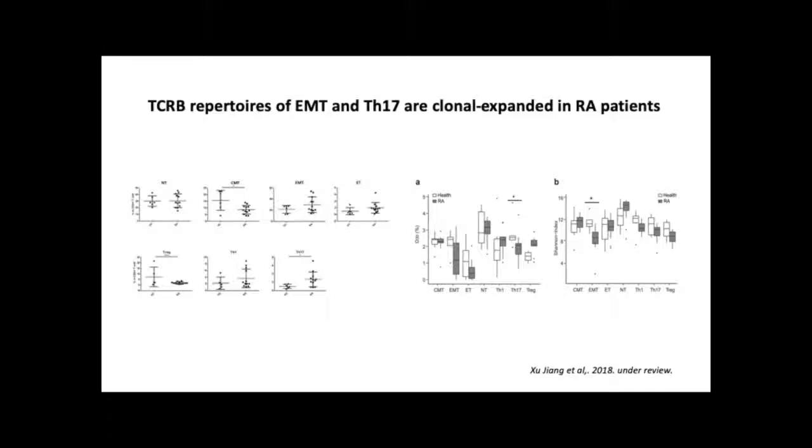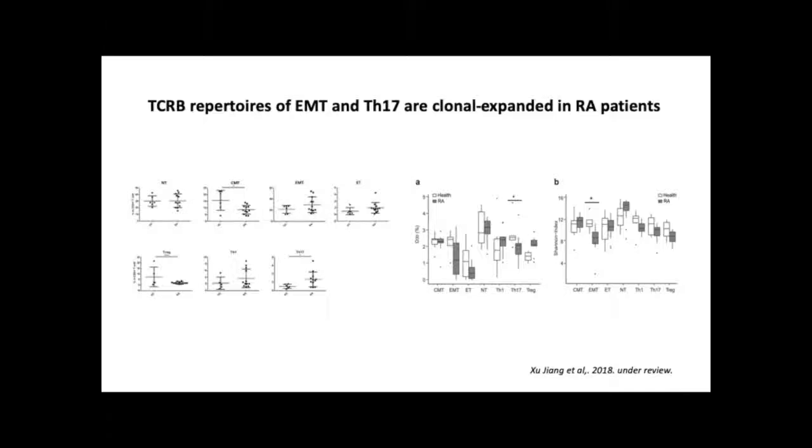Then we compared the diversity of different cell types in patients with the control samples, and we found that the overall diversity, measured by different metrics, in RA patients is lower than in the healthy controls in Th17 and also in the effector memory T cells.